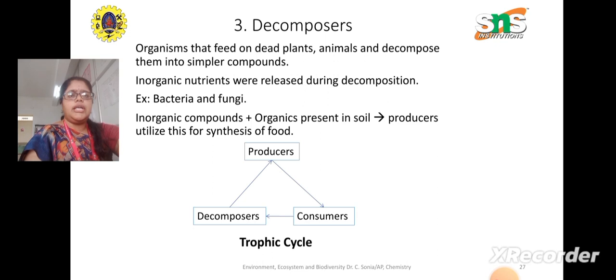The inorganic and organic compounds present in the soil are consumed again by the producers for the synthesis of food. So you have the producer, then the consumer, then the decomposer. This is a trophic cycle. They are dependent on each other.